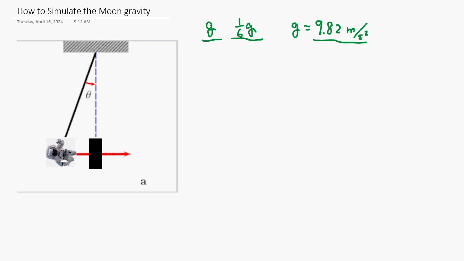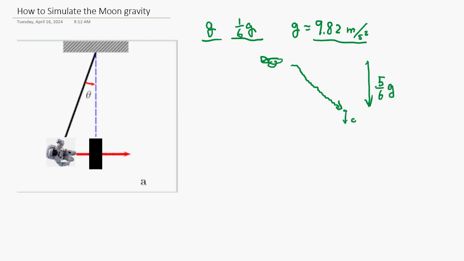The most popular way is to have an airplane coming down, right? And what happened is this vertical acceleration is 5/6 g.